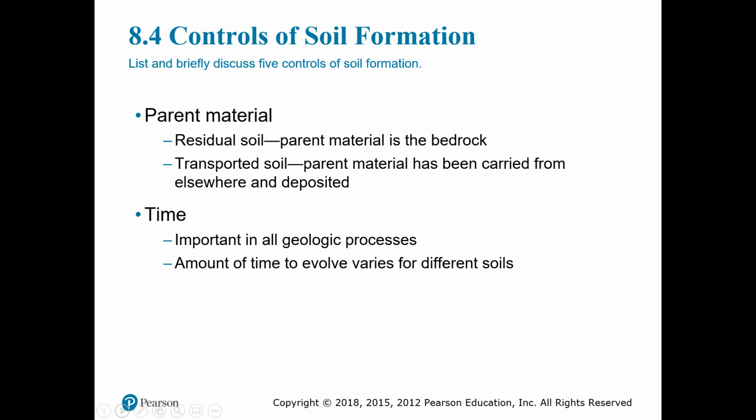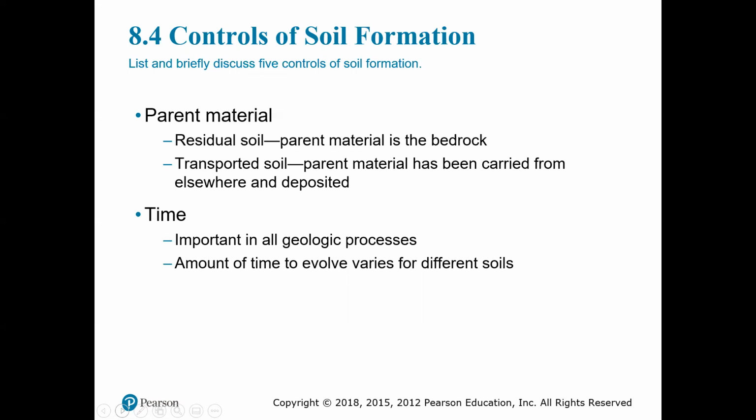Parent material can influence soil formation in 2 ways. First of all, what type of material it is can influence the rate of weathering, and thus the rate of soil formation. As we saw in the last video, different types of rock and different types of minerals weather at different rates.